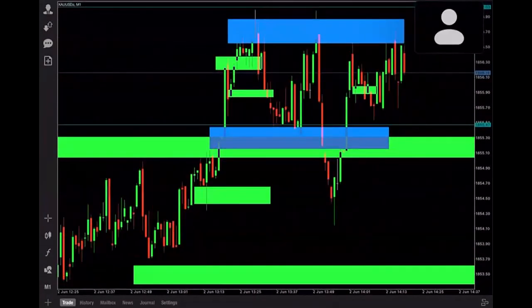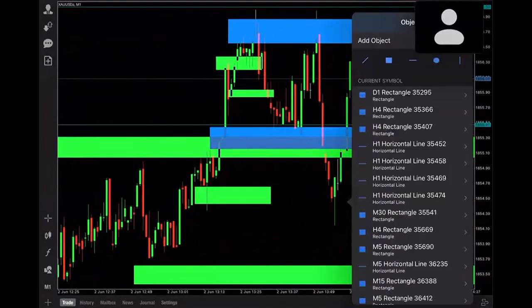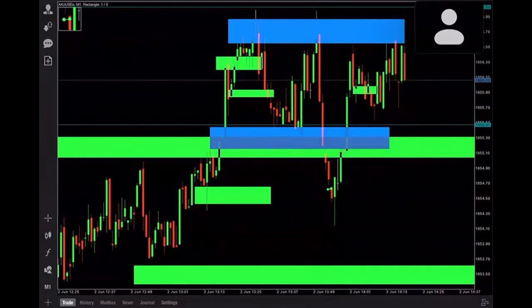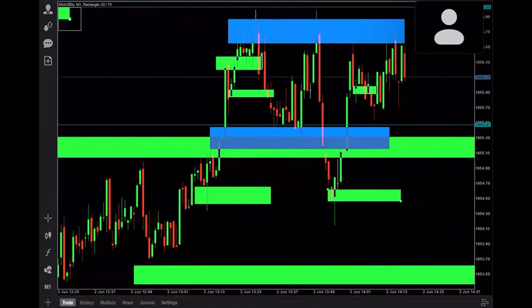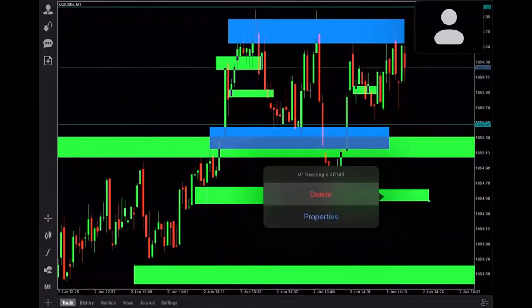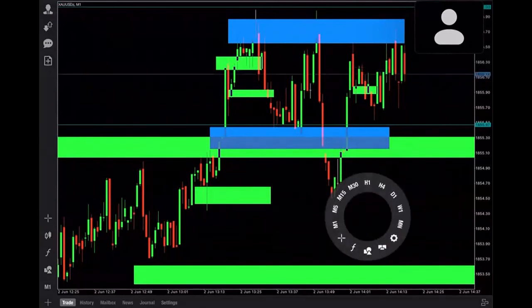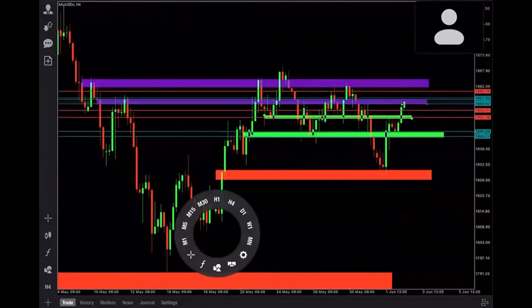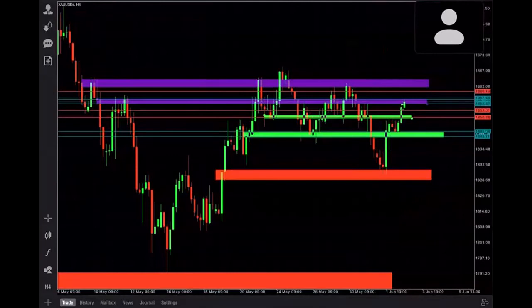So for example, this place is engulfed. You see this red bearish candle, it got eaten by the green one. So this one is engulfing. So usually zones that engulf, they respect.